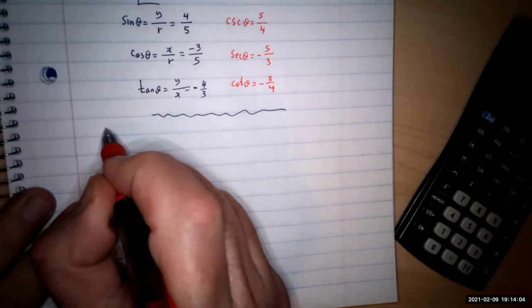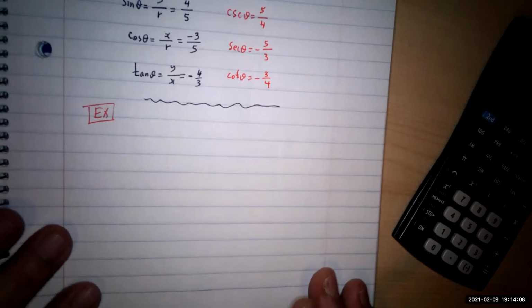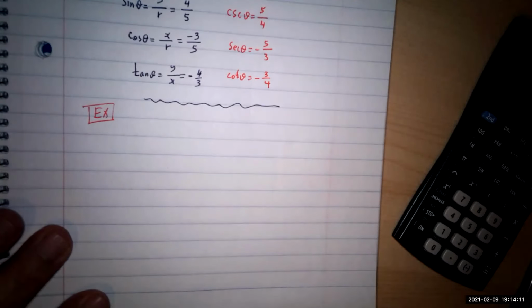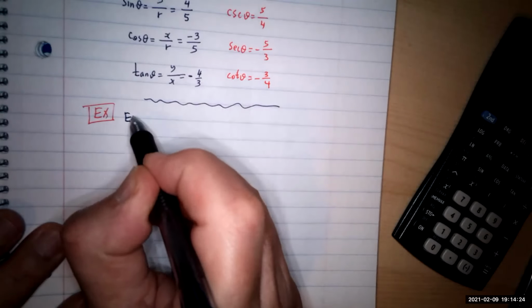So this example, you've got to know. It's nice to know the application. We want to find the six trigonometric functions of what they call the quadrant angles. So 0, 90, 180, and 270. I'm going to find it and explain it.